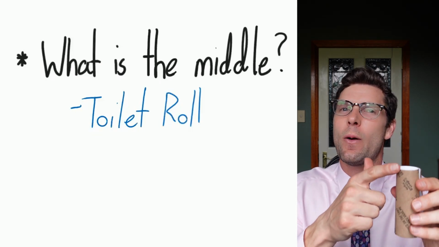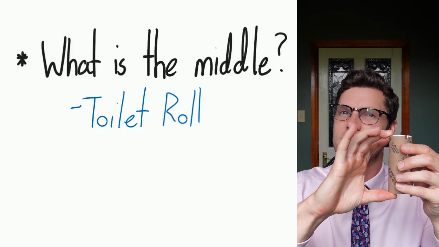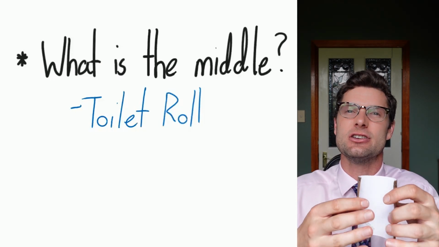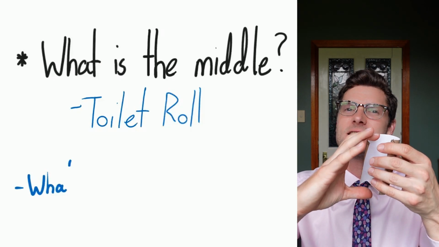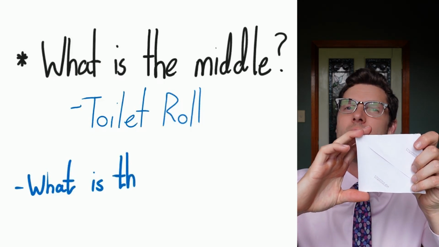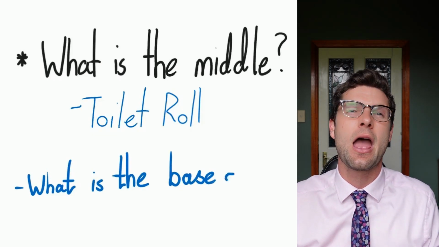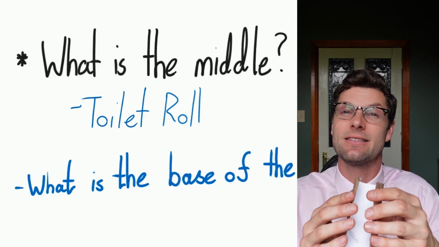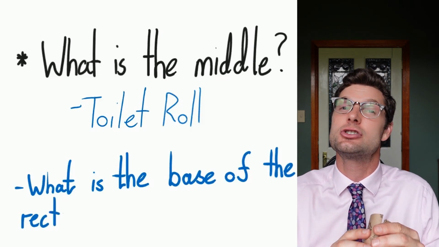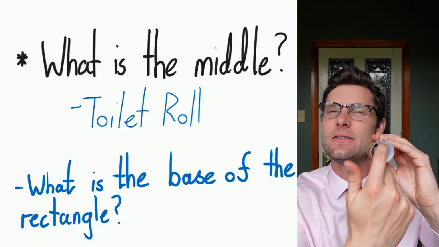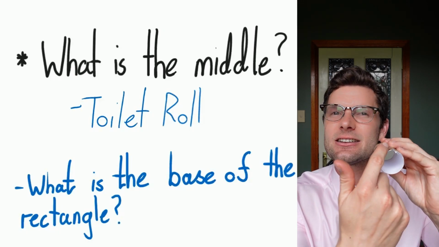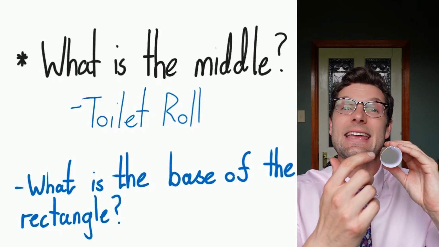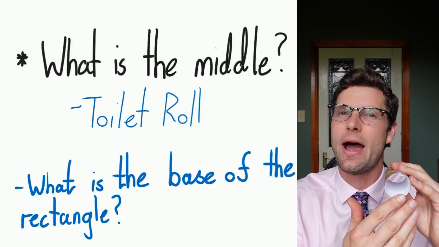We already know that we're going to be given the height of this cylinder. So that's one of the dimensions. The height of the cylinder is the same as the height of the rectangle that we're given. But finding out what the base length is a little bit harder. So again, I want you to look at this circle here. This outside distance of the circle is the circumference, or 2 pi r.